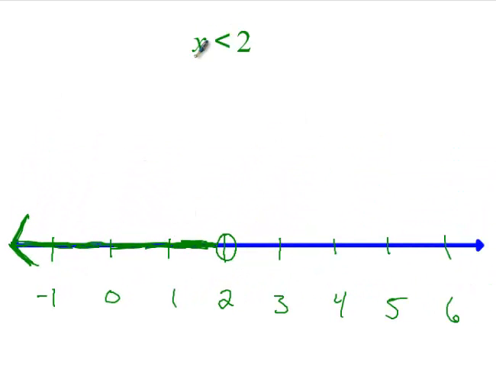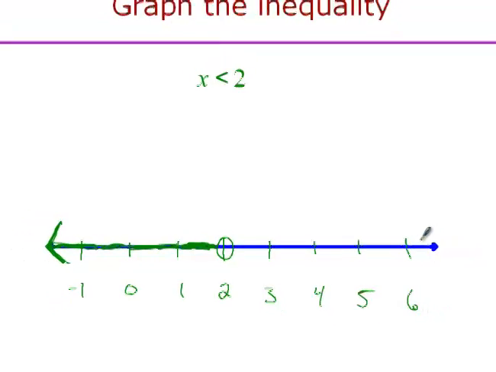So we put an open circle at 2 because we're not equal to it, and smaller is to the left, so we shade to the left. If you notice, the arrow of the shade matches the direction of the inequality sign. Less than means you're shading to the left, and greater than, which goes the other direction, would mean we were shading to the right, where the numbers are bigger. That's another trick you can use to remember which way to shade for less than or greater than.